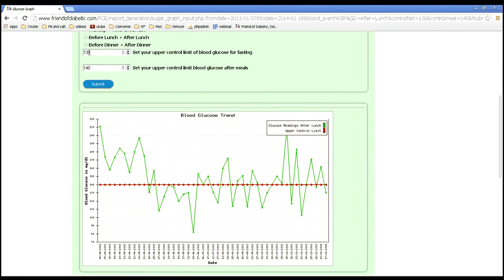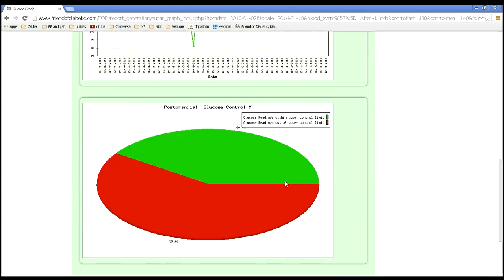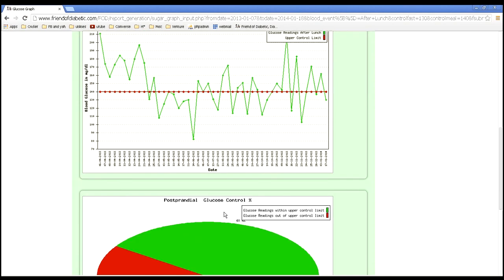It uses the system parameters where I had selected the upper control limits for fasting and post meal. Here the red line is the post meal control limit and the green lines are how my blood glucose after lunch has moved. It also gives a pie chart showing that 40% of the time my blood glucose has stayed within limits, but around 60% of the time it is not within my ideal desired limit.